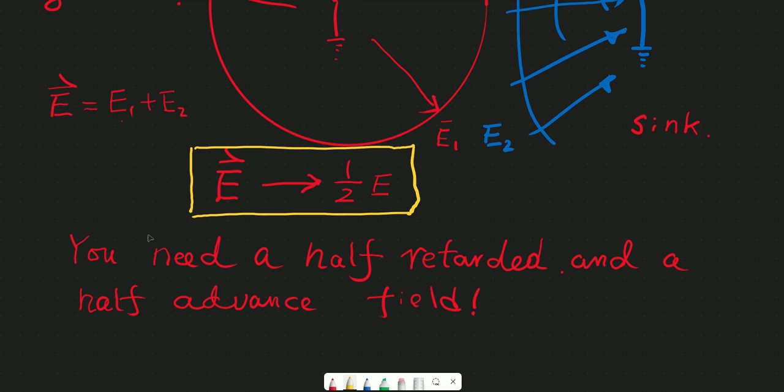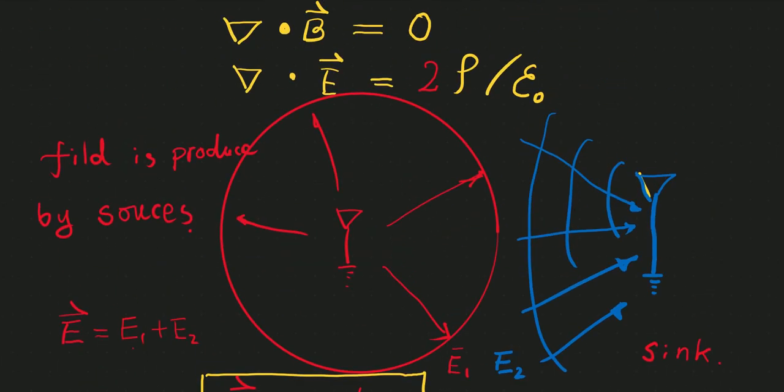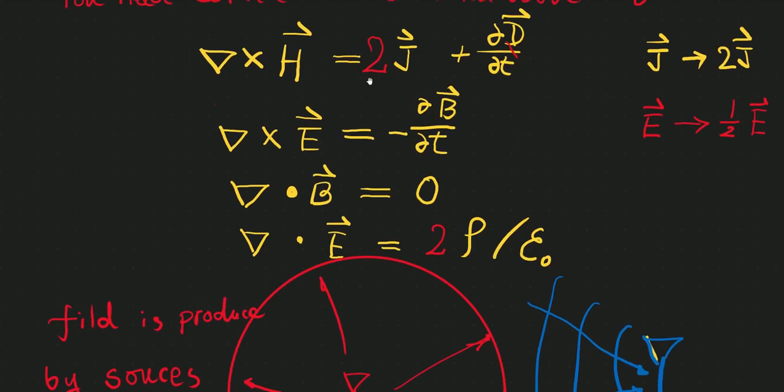This is also the reason in the Maxwell equations, here has a 2, here has a 2. So the field is produced half.